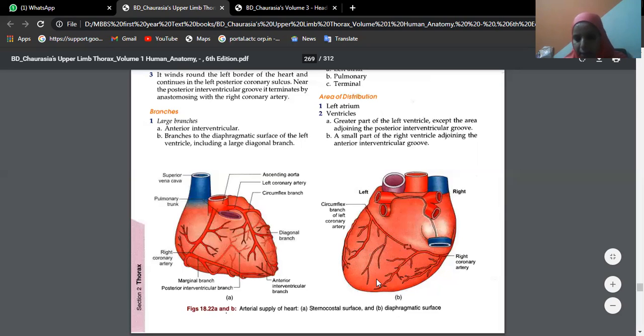Chiefly the right ventricle, but a few branches may also go to the left ventricle. Ritika, is it clear? Yes, ma'am. So this right coronary artery, if you observe, has one branch running along the lower border of the heart. You call this branch the marginal branch.